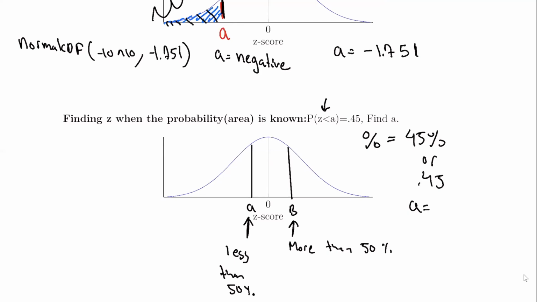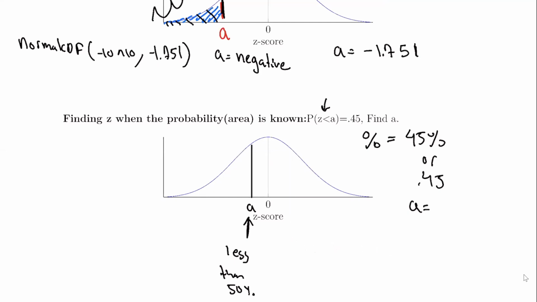So in this scenario, if your probability is less than 50%, we use A. If your probability is greater than 50%, you use B. So for this one, let's use this.